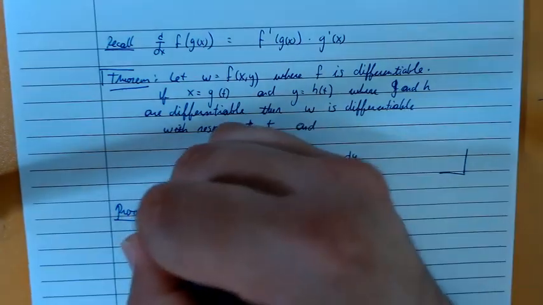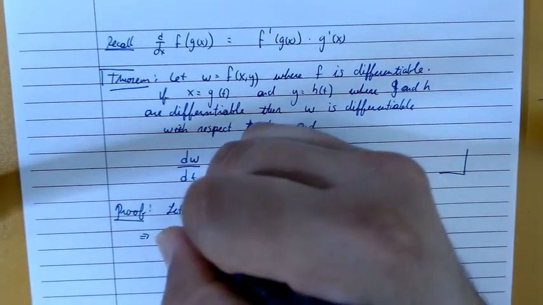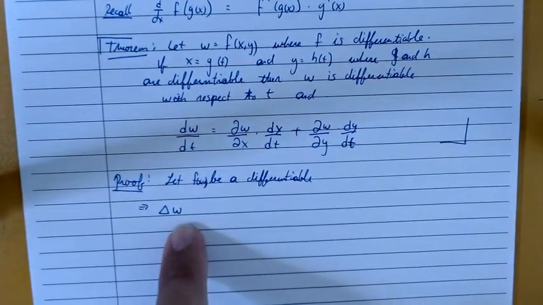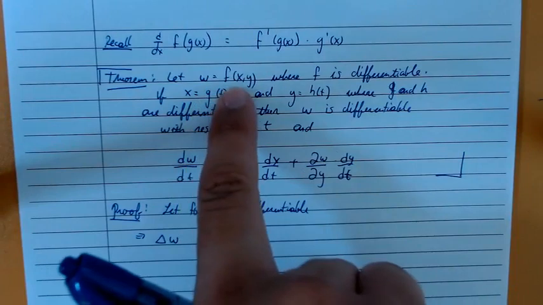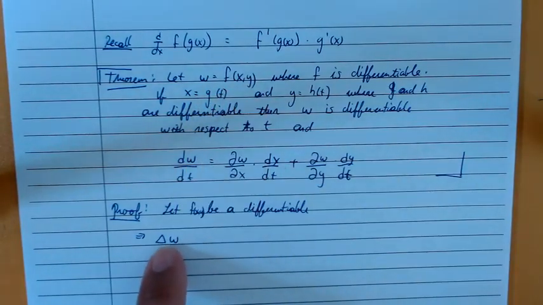Well, then what that means is, by definition, the increment of w, because w equals f of x, y. The increment of the function would be the increment of w.